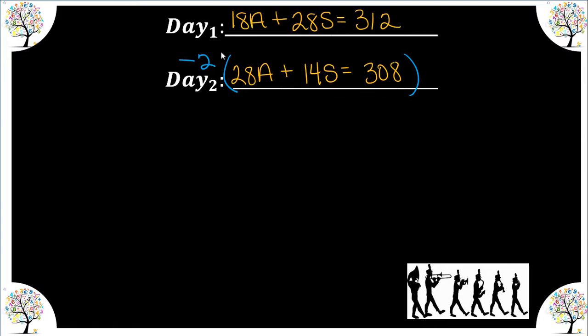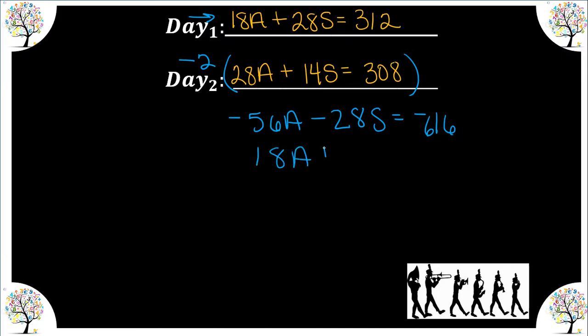We have 28 times -2 gives us -56, minus the 28s that we were wanting, equals -616. I'm going to bring down this equation and write it underneath my new day 2 equation, and we're going to combine.